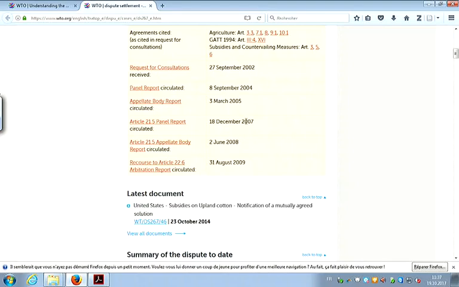September 2002. Then there was a panel proceeding, there was a panel report in 2004, there's an appellate body report in 2005, then Article 21.5 panel report, that's the implementation dispute. The US did not implement the verdict, so there was this other dispute. So that report was finished in 2007.